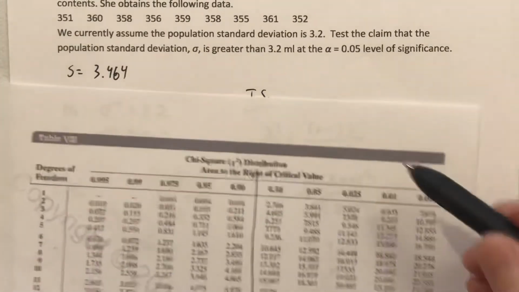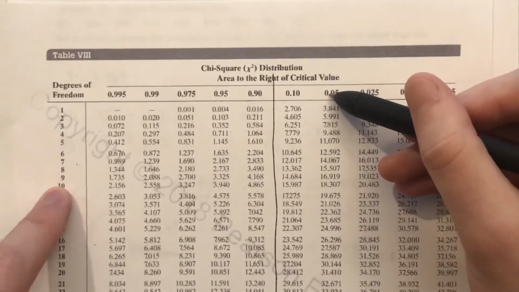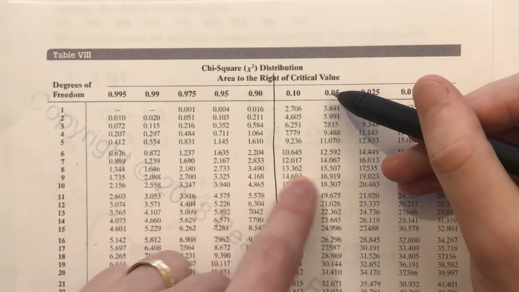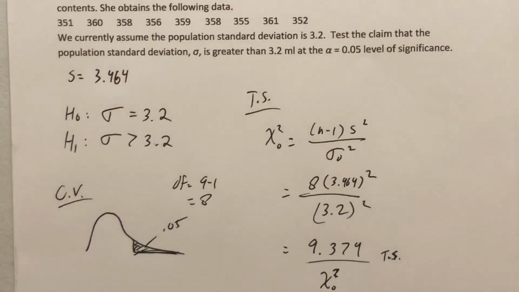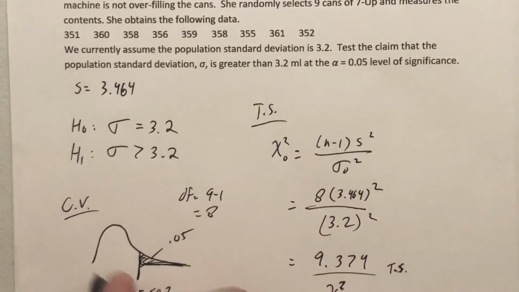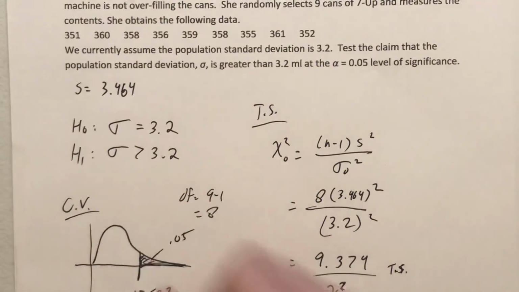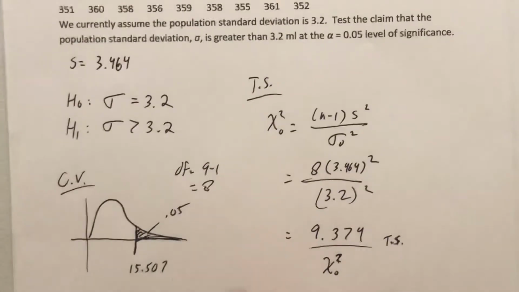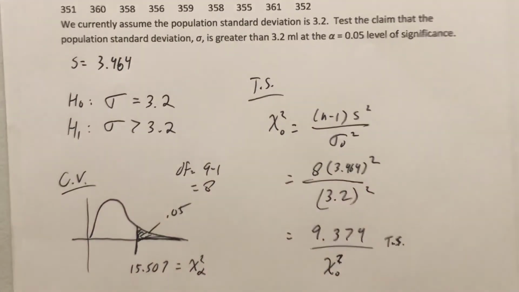So we're looking up 0.05 for the area and 8 for the degrees of freedom, bringing that over, getting 15.507, just strictly from our chart. Okay, so that's our critical value, otherwise known as the chi-squared of alpha.